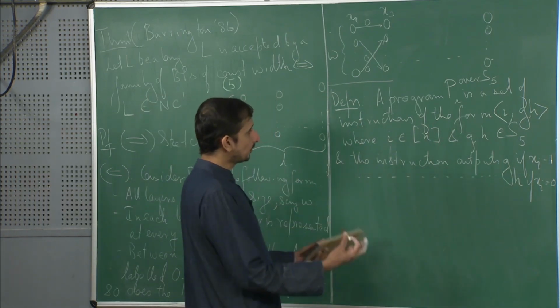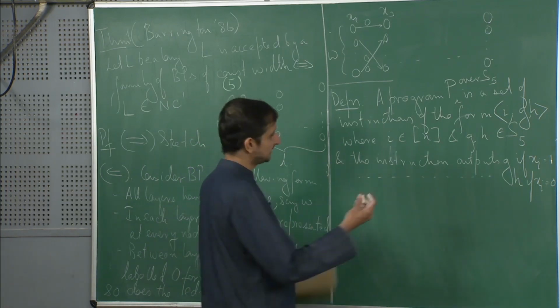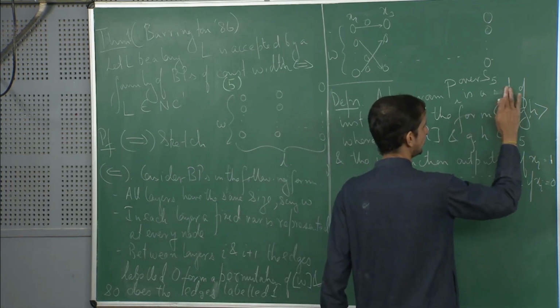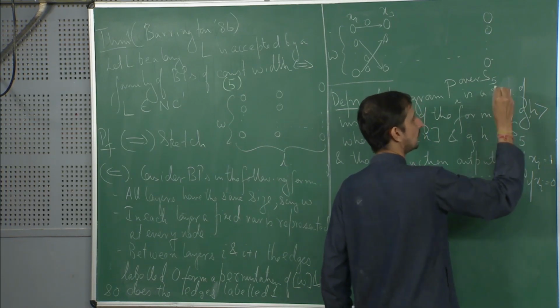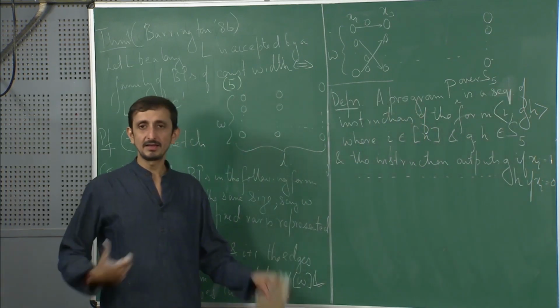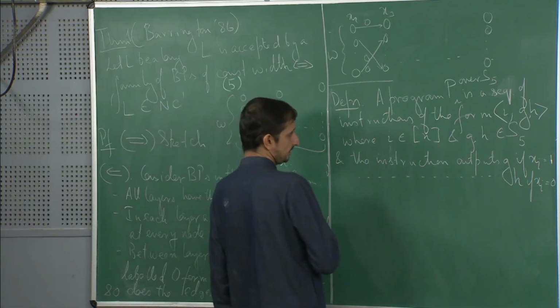Now what is a program? So a program is a set of instructions. So it is not just a set. So again set is not the correct word here. I should write it is a sequence of instructions, because the order actually matters. Okay.